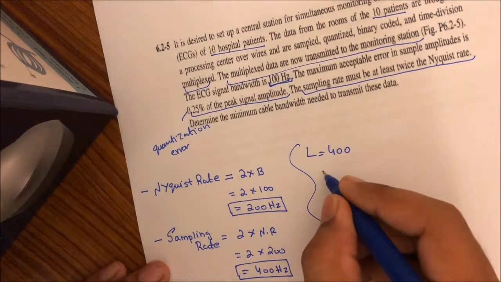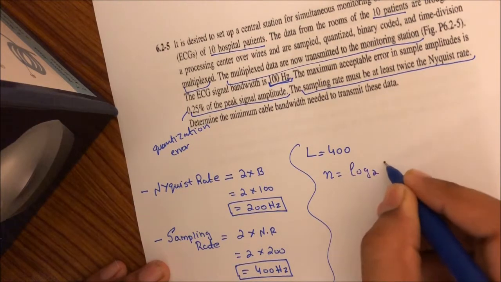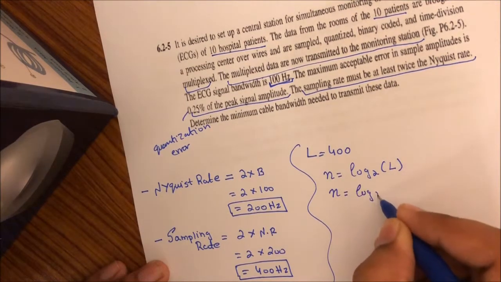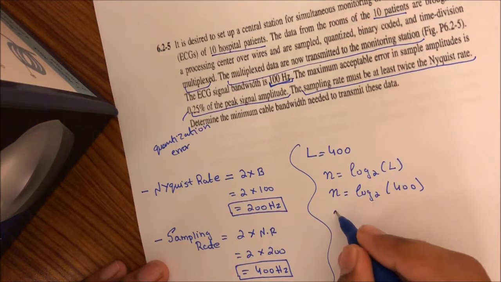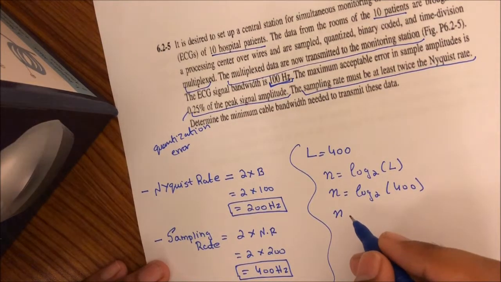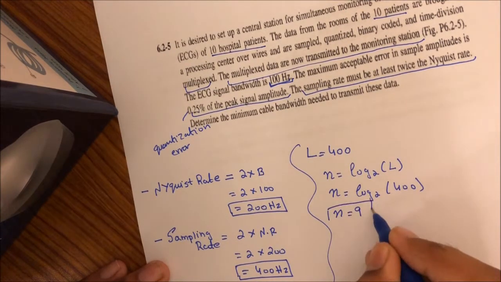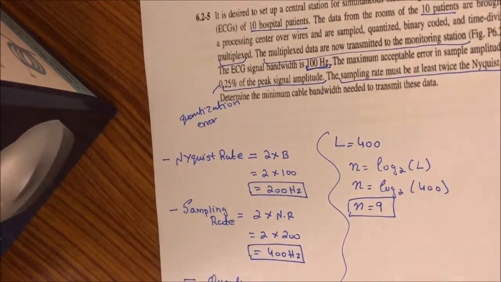So the formula to do that, as I've told earlier, is n equals log base 2 of L. So from here we can get n to be, so let me use my calculator. So n would turn out to be 9 here.